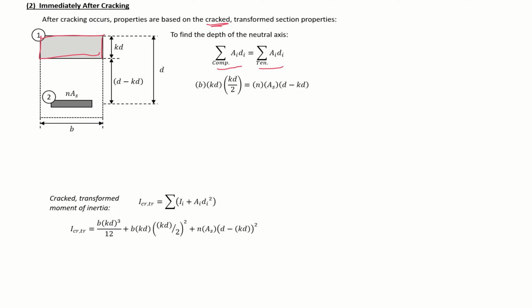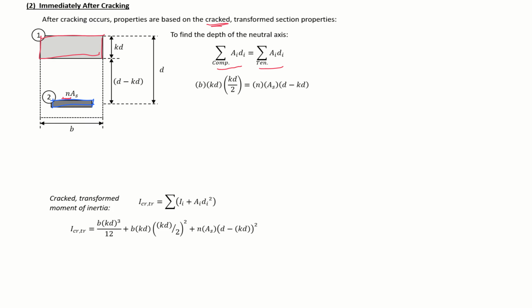And then our second area below the neutral axis is our transformed steel. And note that because our steel isn't going through an uncracked concrete section, we don't need to take out an area of steel. So we just have N times our area of steel. So we have our two components, and now we can solve for KD.